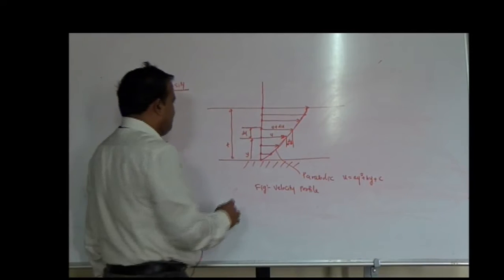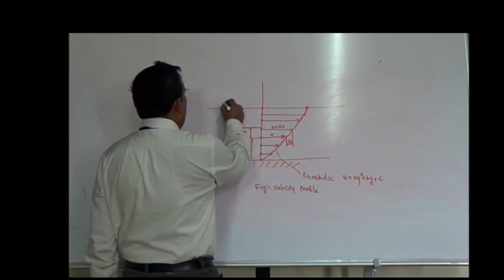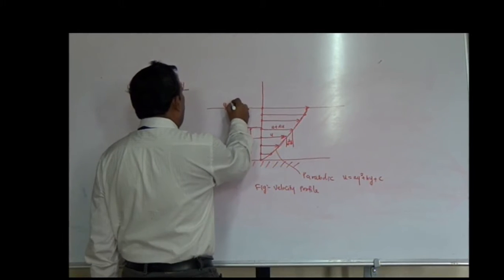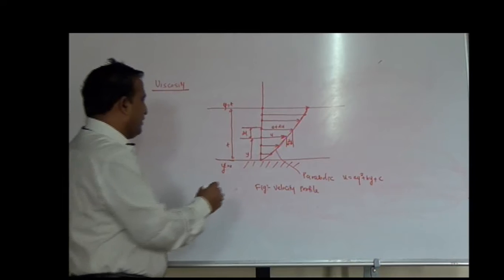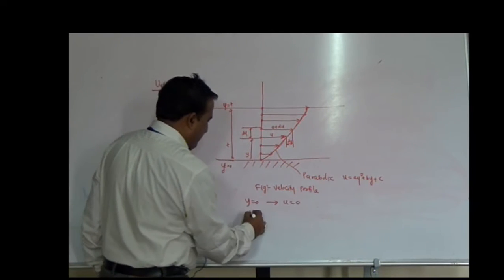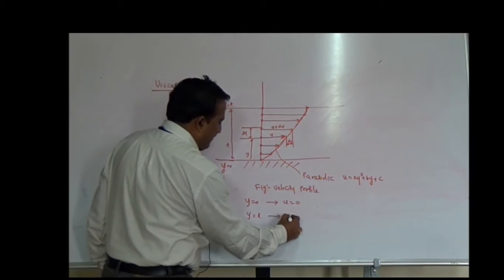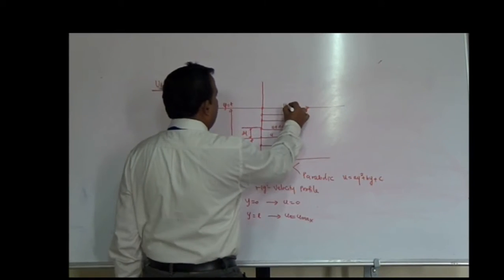Here is the bottom, where y equal to 0, and here the thickness, y equal to t. When y equal to 0, the velocity is 0. When y equal to t, the velocity will be maximum, u max.